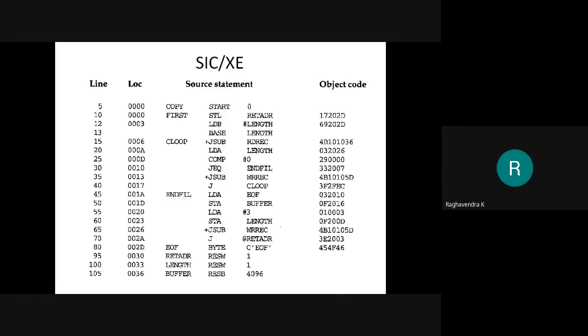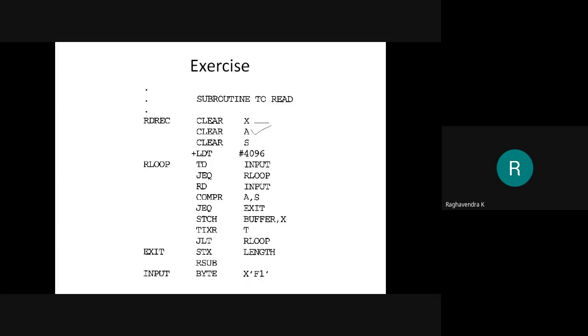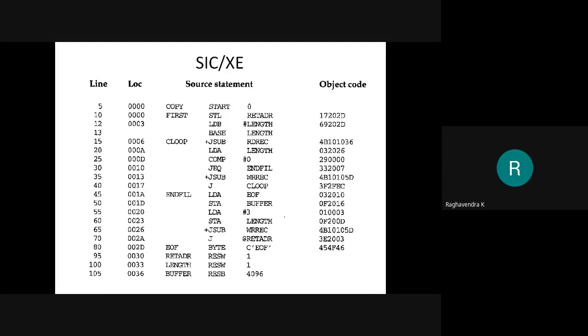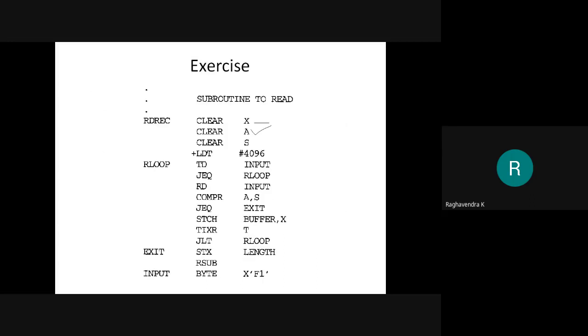Third instruction is clear S. I think S is 0, 1, 2, 3, sorry, 4. So S value is 4, so it will become B440. I'm assuming that it is number 4 for register S. This is how we assemble format 2 instructions with registers.